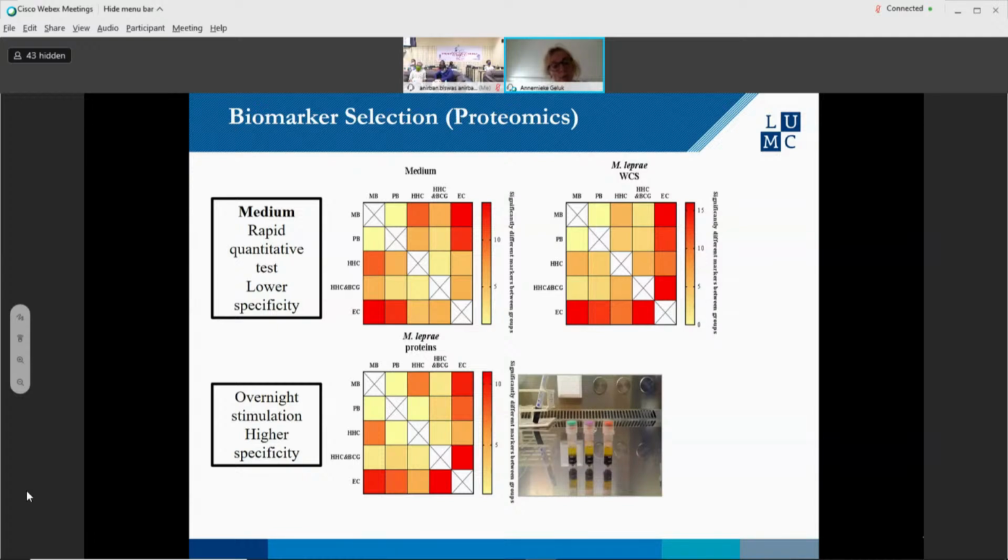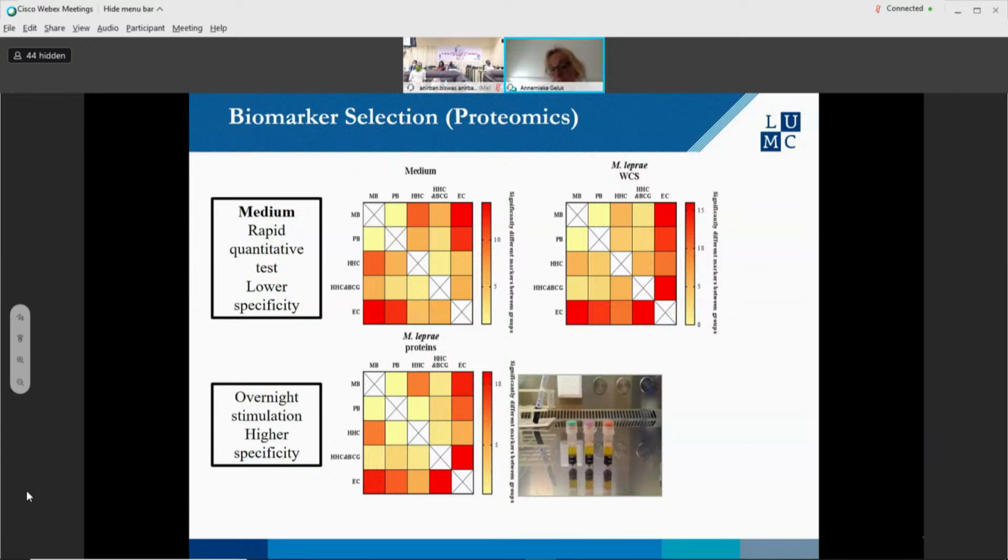So if you focus on the upper panel, there you can see where it's indicated in red that there are biomarkers that are different between the two groups. For instance, the multibacillary patients and the endemic controls. So EC stands for endemic controls. You see that it is highly red.